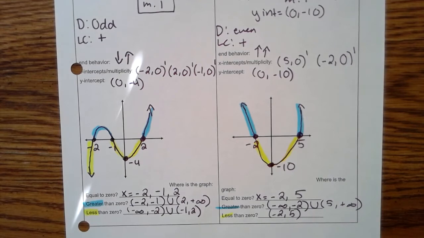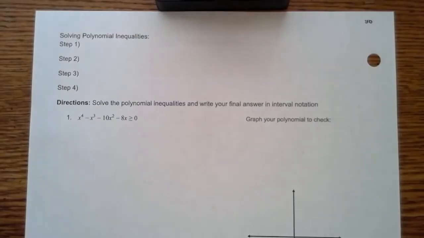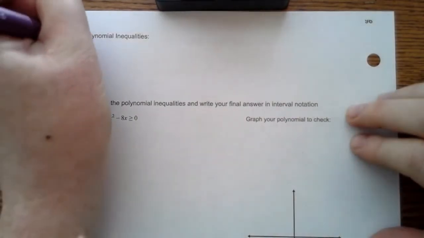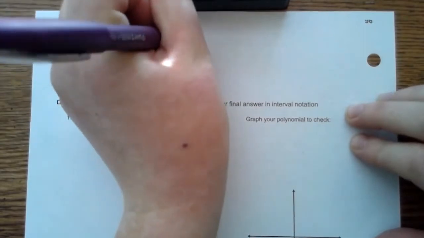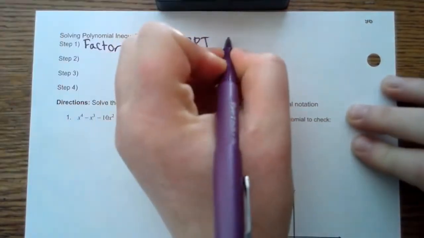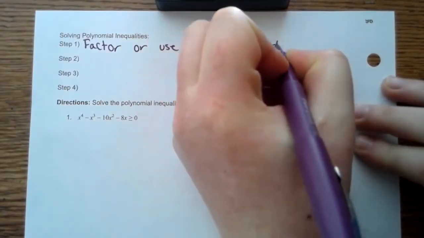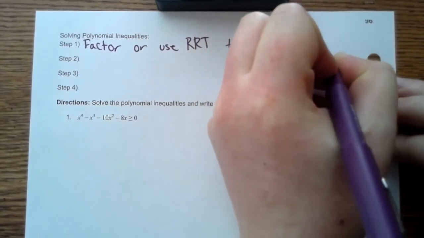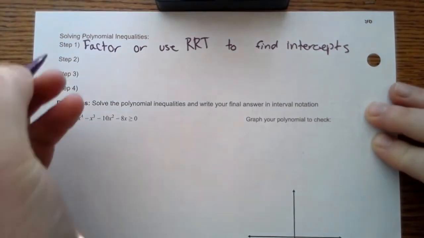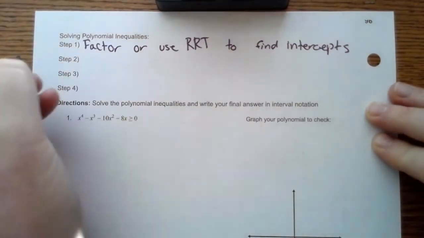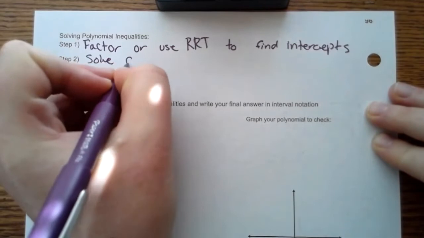Okay, let's get started. Let's move on. Okay, let's write down our steps. Steps for solving polynomial inequalities. Step 1, factor, or use RRT to find intercepts. And then solve for x-intercepts.